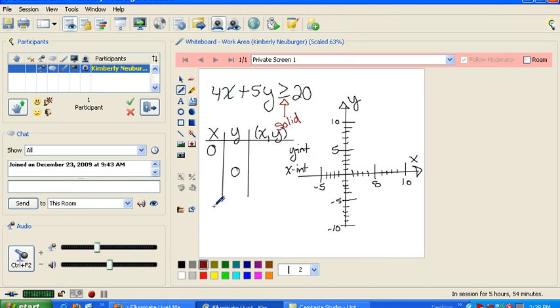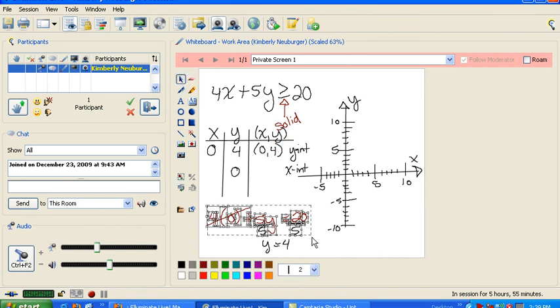So first by letting x be 0, and when you're finding these points, ignore the inequality and just use an equal sign. So we have 4 times 0 plus 5y equals 20. These cancel. And I can go ahead and just divide by 5, and y is 4. So that gives me the ordered pair 0, 4 for my y-intercept.